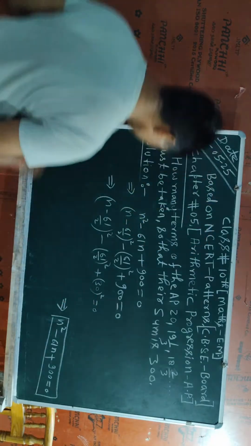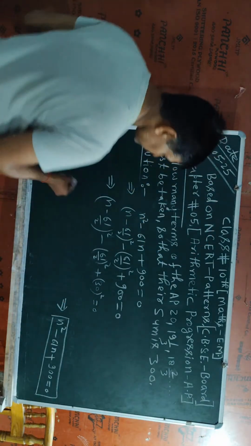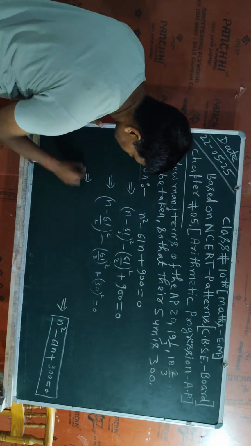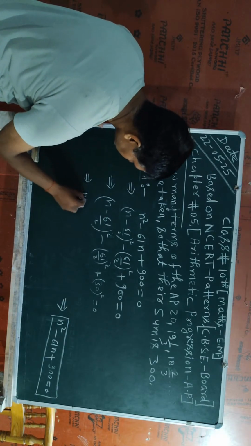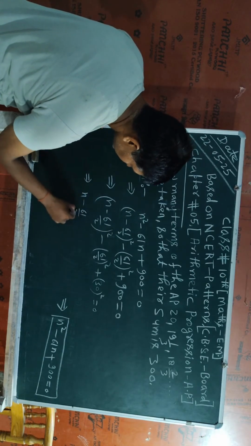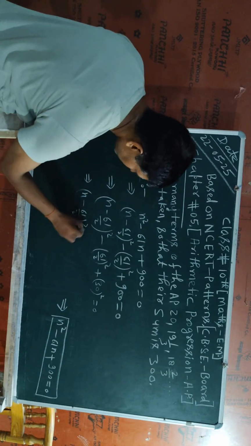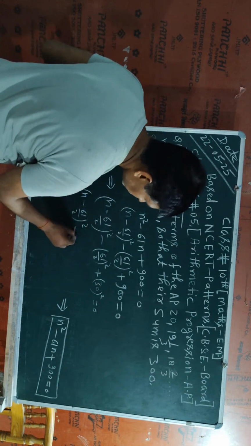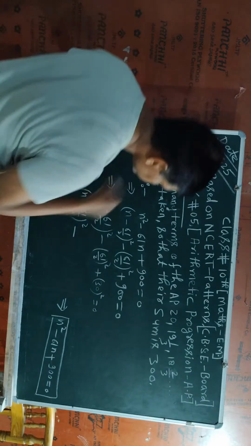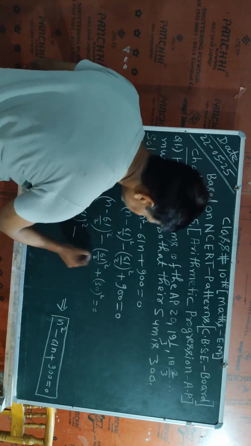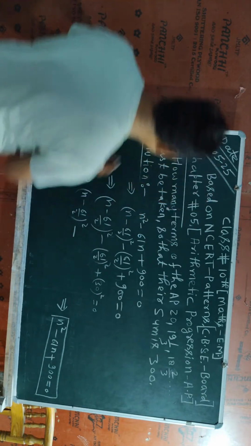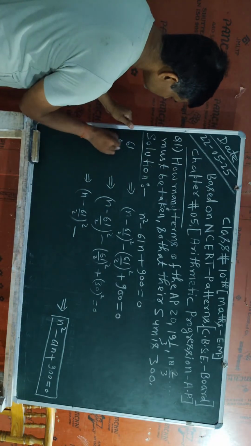So again I will simplify it. So further simplifying, I will write n minus 61 divided by 2 whole square, and here I will multiply 61 into 61.